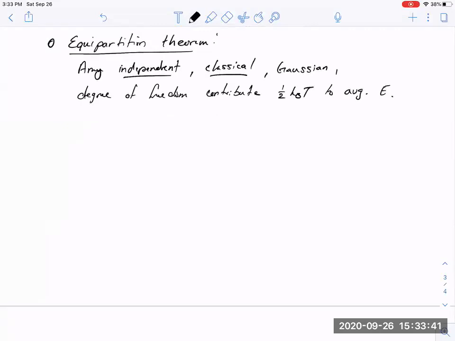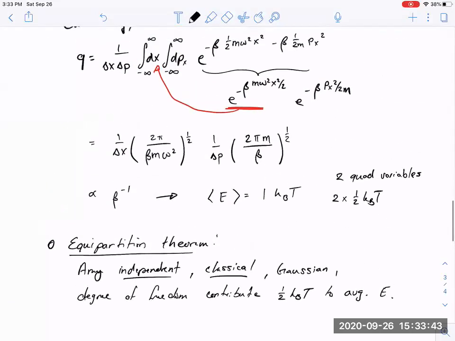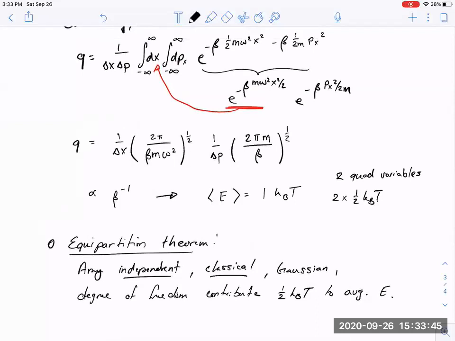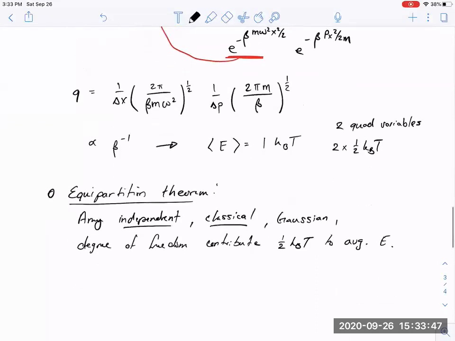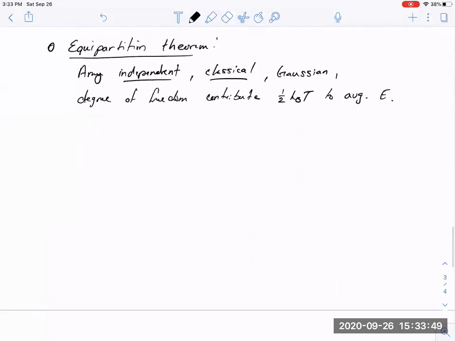Okay, so that is the classical result. So Q is all this business. Let's now proceed quantum mechanically and see what we find. All right, quantum mechanically, we have to think about energy levels.